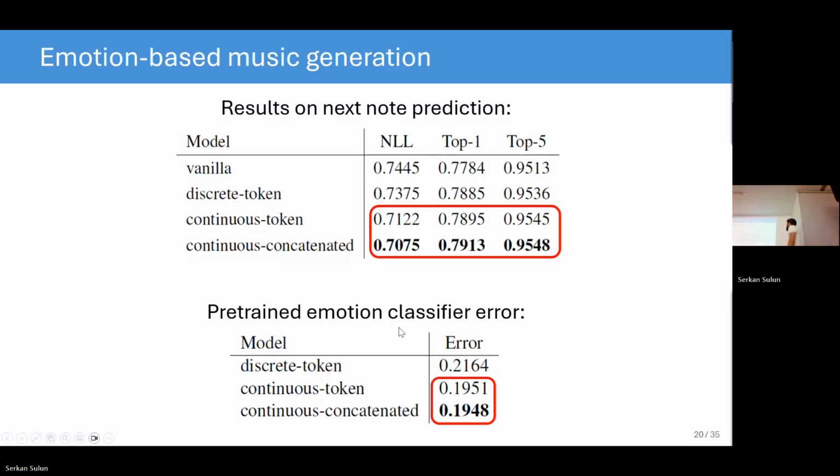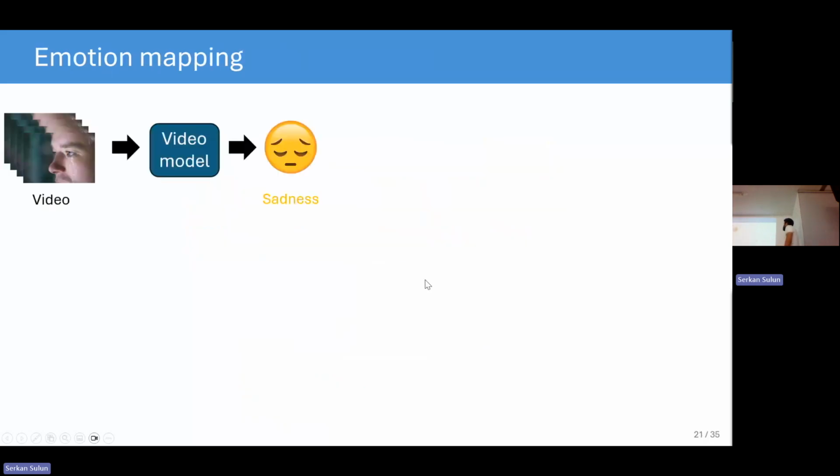We also have emotion classifier error, where we train another model to predict the emotion of a song from the data set, and then we see the L1 error between the input condition and the prediction of the model. Once again, our approaches are better than the state-of-the-art approaches.